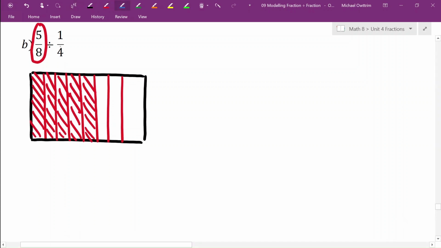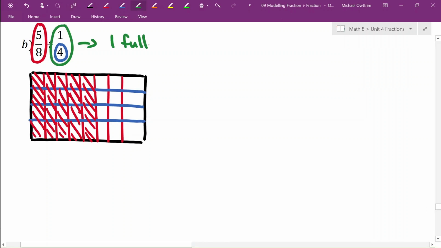Now again, I'm going to need to make 4 rows, like so. And I'm told that 1 full row out of 4 is one group.